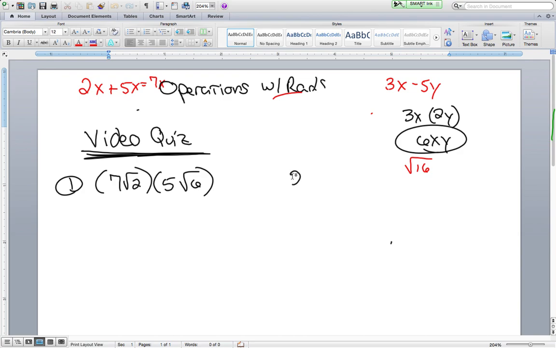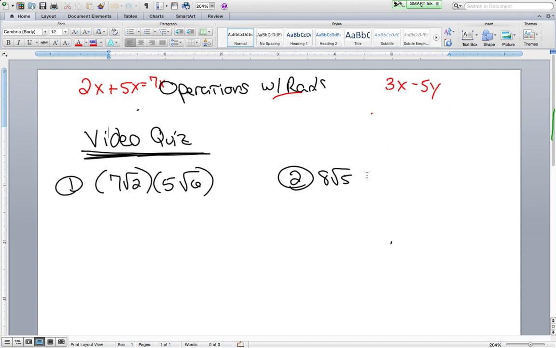Okay? And problem number 2 is going to be 8 rad 5 minus 2 rad 20. Okay, so one's a multiplication problem, not double distribution. We'll talk about that tomorrow. And then one is a subtraction problem.